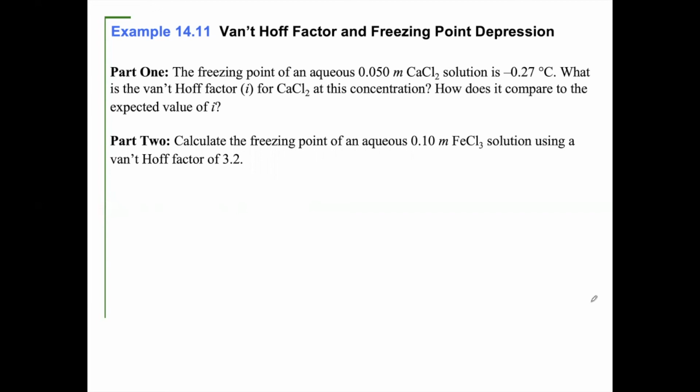And electric current is the movement of charge, right? So what we have to consider is when an ionic compound dissolves, for example, if you're dealing with calcium chloride, it starts out as a solid, and then it separates into its constituent ions.